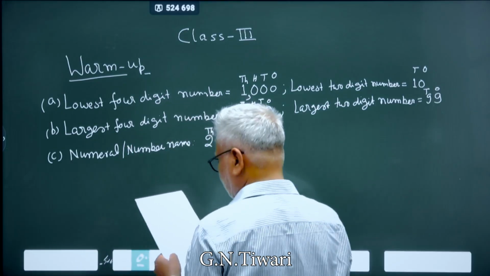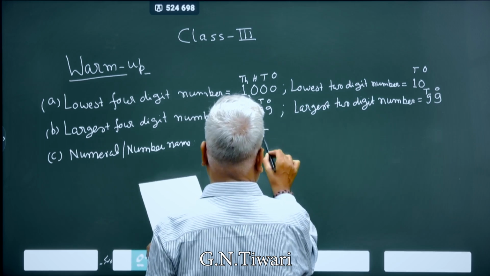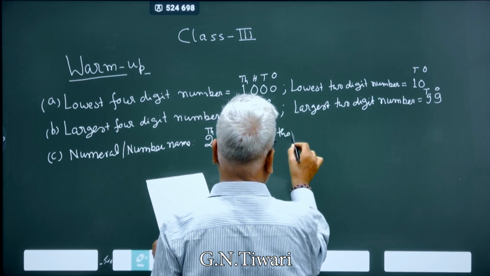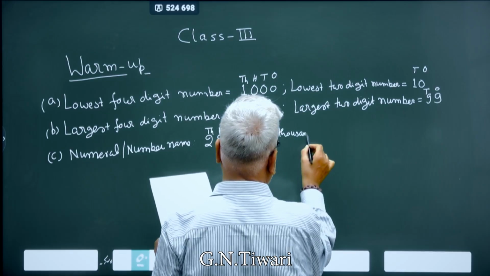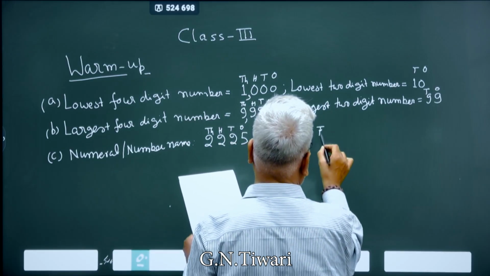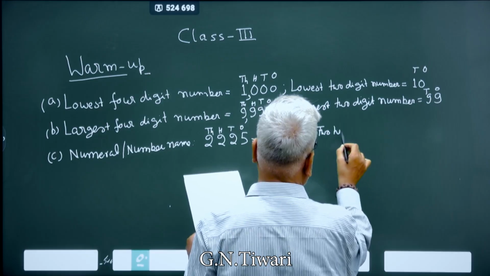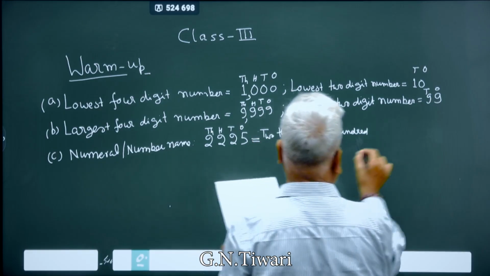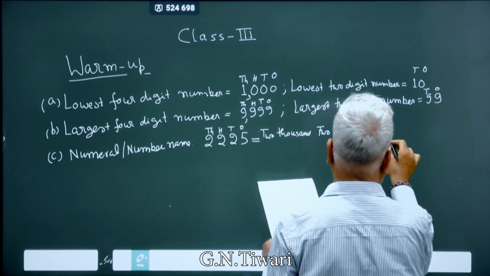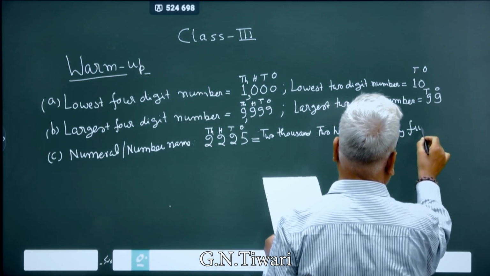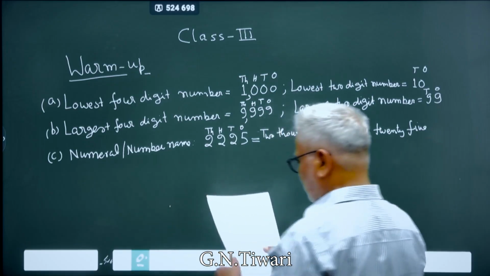It is the short form: 2000, 200, 25. So that becomes your numeral name.